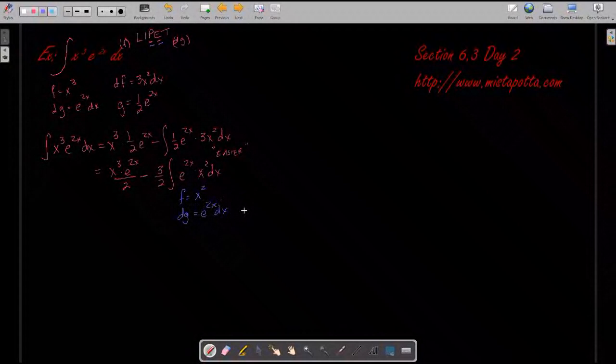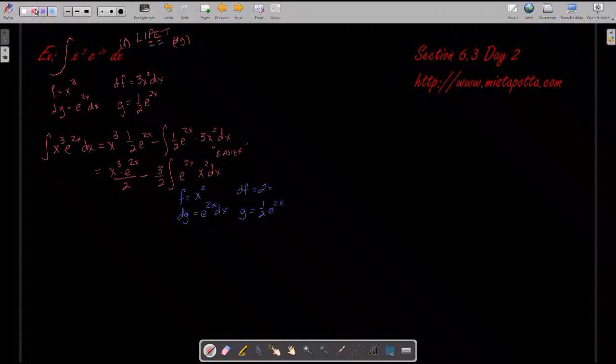And we've already figured out g because this is the same dg we had before. This is 1/2 e to the 2x. And my differential df is going to be the derivative of x squared, which is 2x.